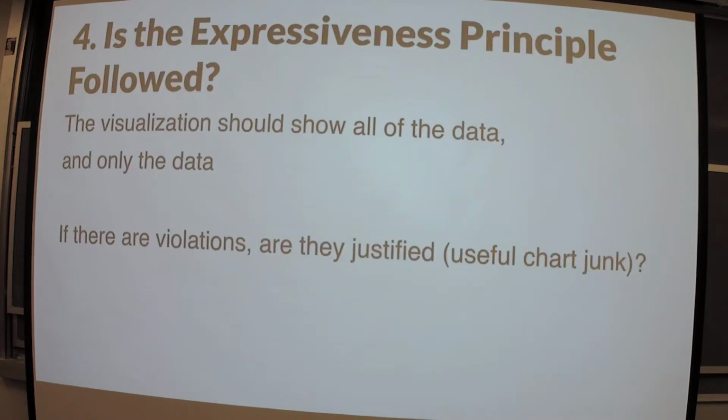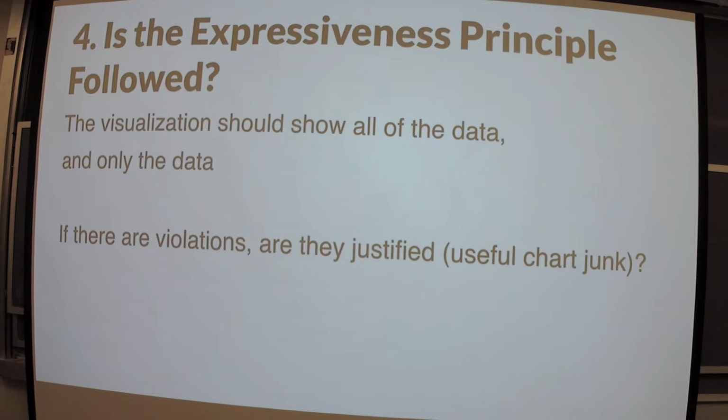The fourth thing to think about when you critique a visualization is the expressiveness principle followed. And that is the visualization should show all of the data and only the data. And I would qualify this. If there are violations of the expressiveness principle, are they justified in some way? Like, is it useful chartjunk? Like we talked about with the monstrous cost and the diamonds are a girl's best friend example that draw people's attention in.